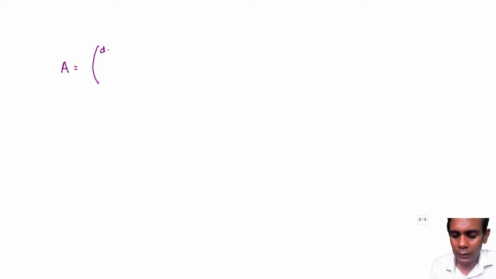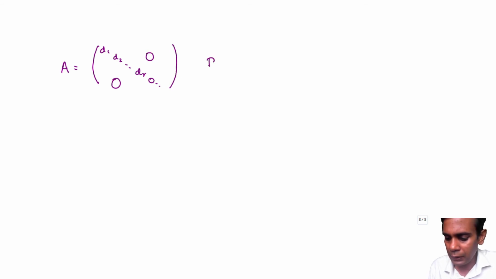Let us now address the uniqueness of the Smith canonical form. Suppose I have two matrices. The first is A, with diagonal entries D1, D2, DR and zeros, and B is E1, E2, ES and zeros.